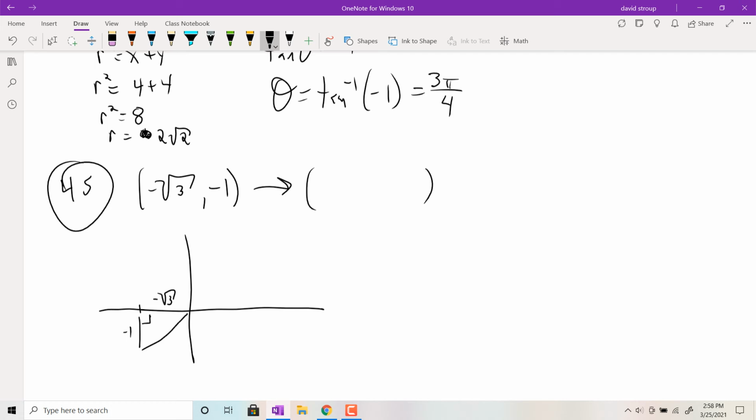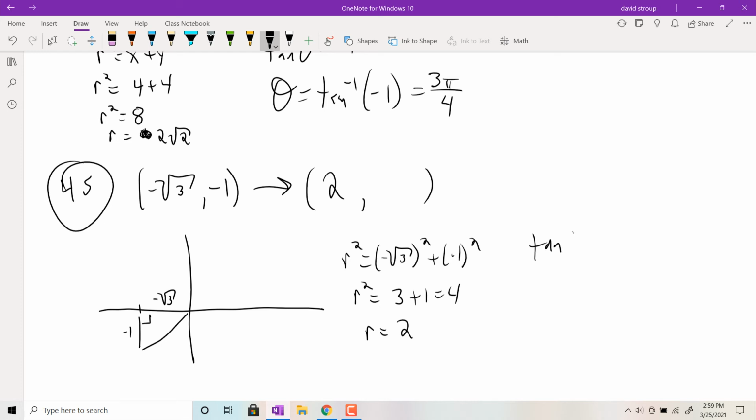First use Pythagorean theorem. So r squared is equal to negative root 3 squared plus negative 1 squared. So r squared is equal to 3 plus 1, which is 4. So r must be 2. And then use the tan formula. So tan theta is going to be the y value over the x value. Okay, so tan theta is 1 all over root 3.